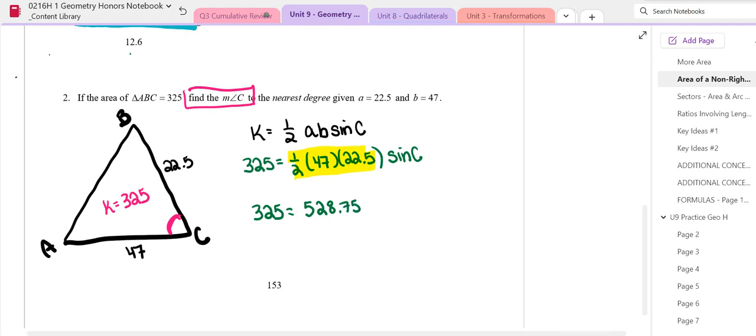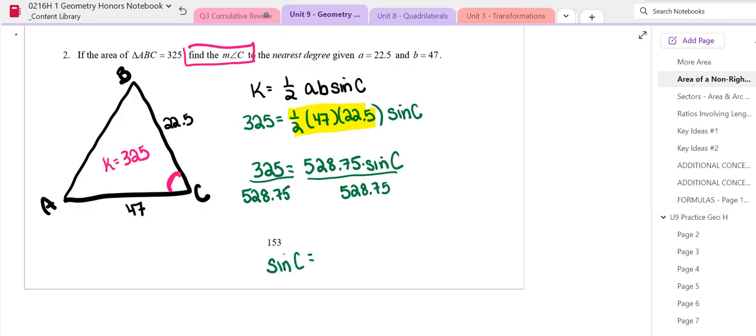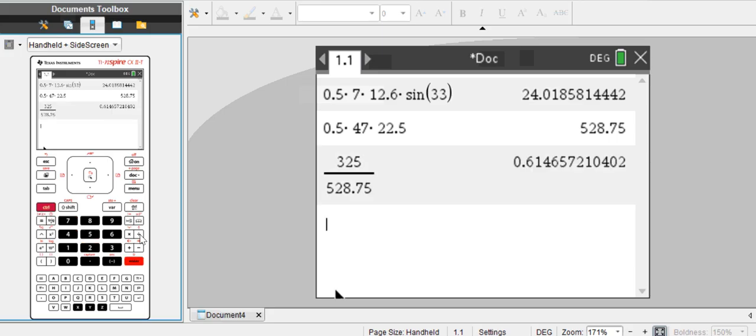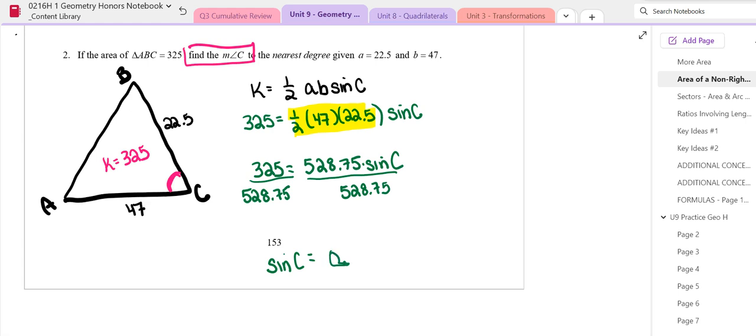And that's being multiplied times the sine of angle C. So I'm going to divide both sides by 528.75 in order to isolate the sine of angle C. So this is going to be 0.6146.